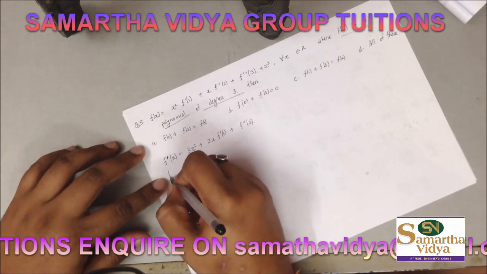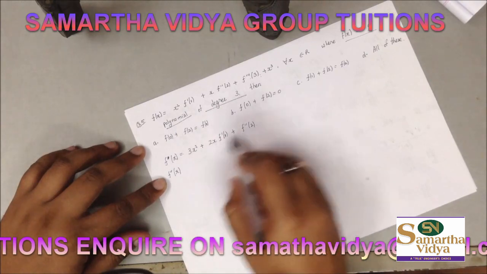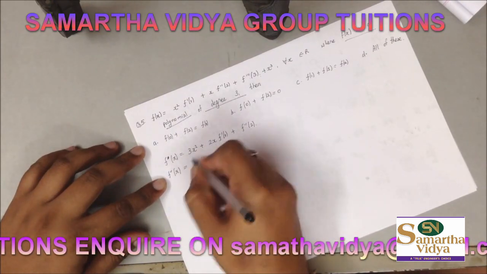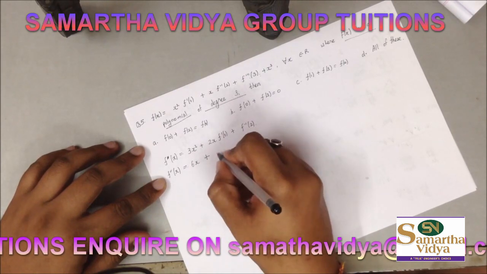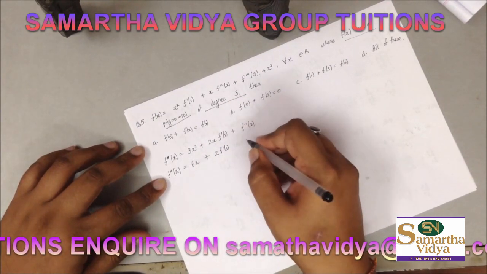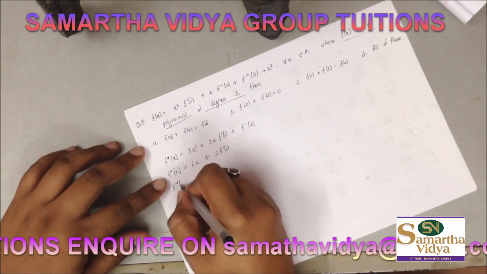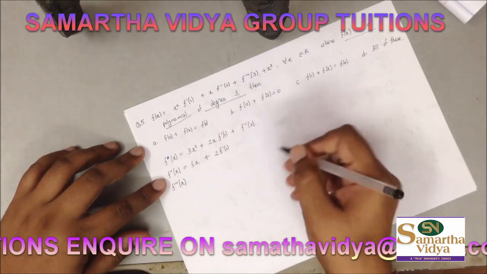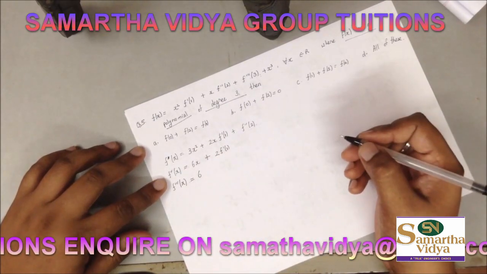Next, moving on to the double derivative. Derivative of this again becomes 6x plus 2 f dash of 1, and derivative of this is 0. Taking the triple derivative, 3 times derivative, we are getting 6.